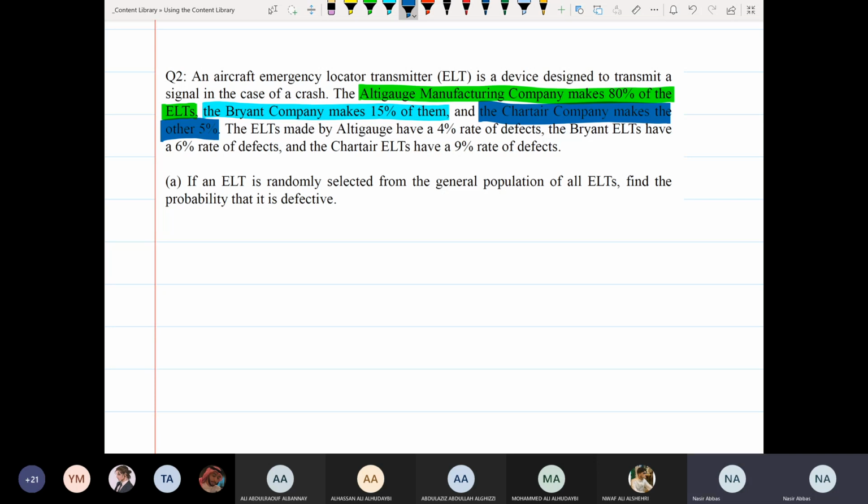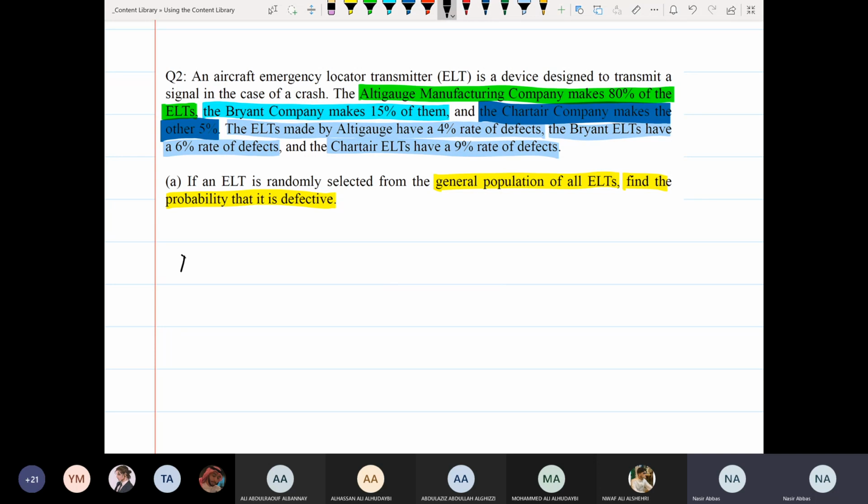Then it says that the ELTs made by A company have 4% defects. Those made by B company have 6% defects. And those made by C company have 9% defects. If an ELT is randomly selected from the general population of all ELTs, find the probability that it has defect. So I'm going to write down the events.